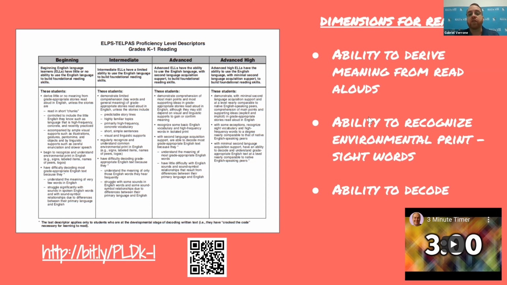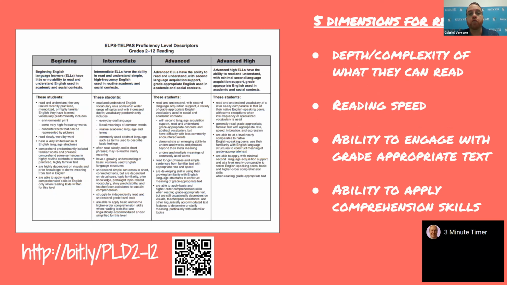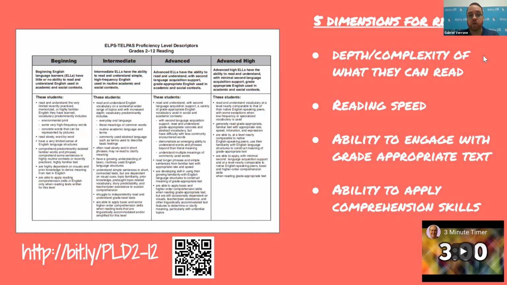Okay, and the other major point in the K1 rubric is for children to recognize environmental print all the way up to common sight words. And then lastly, from beginner to advanced high, we see the varying ability to decode text. For 2 through 12, it looks at the depth and complexity of what students can read, right?